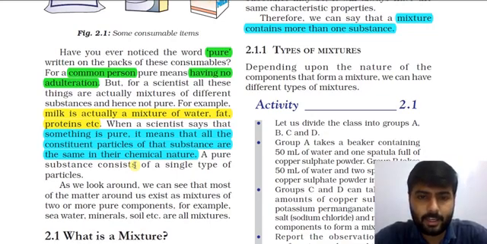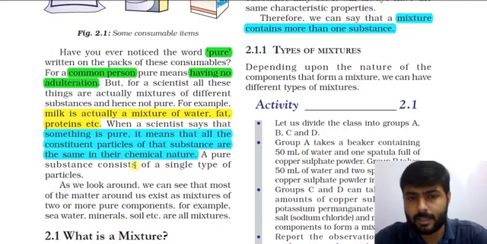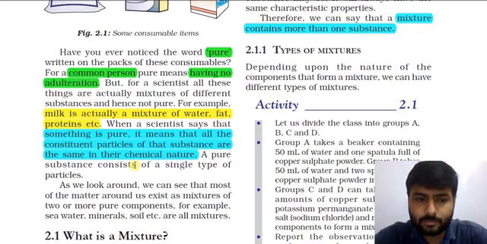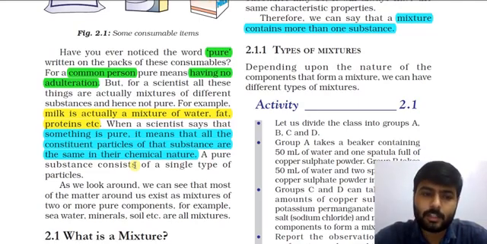If we see from the point of view of science, all these things that we call pure, such as butter, salt, milk, etc., are not pure because they are made up of some other substances.